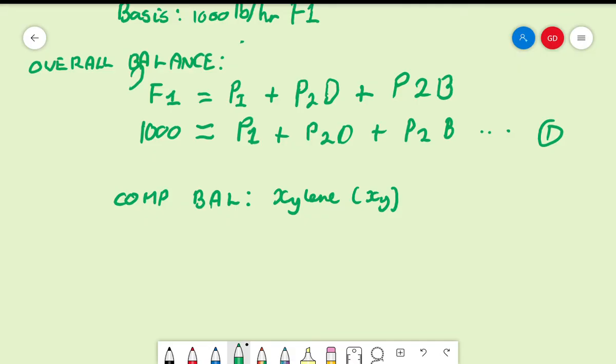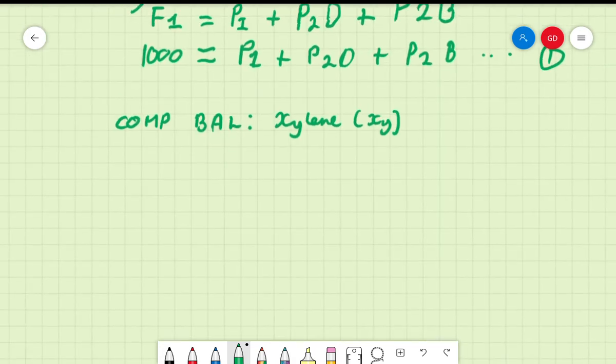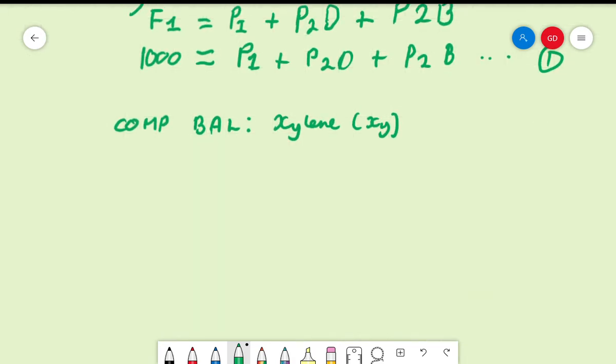So now let's write the component balance using the variables.